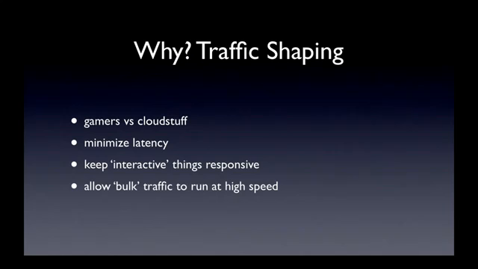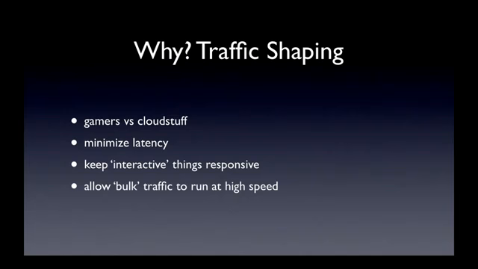And on the other hand, interactive traffic, such as online games or any kind of network-based audio or video conferencing, or SSH sessions, where you're doing interactive command line stuff where latency is very important. The problem is that the bulk traffic will, by design, try and soak up all of the available bandwidth, which means that the interactive traffic suffers from higher latency because you have congestion at the edge of the network, which is your internet connection.